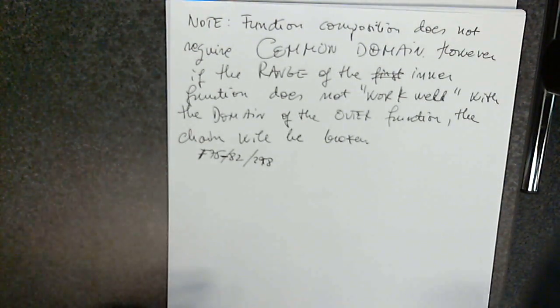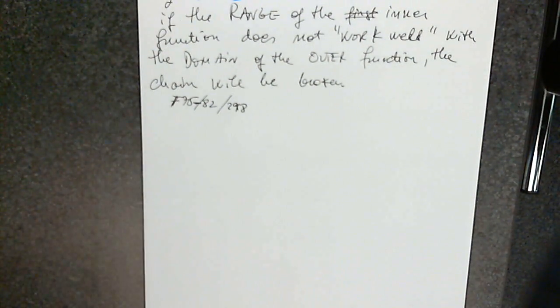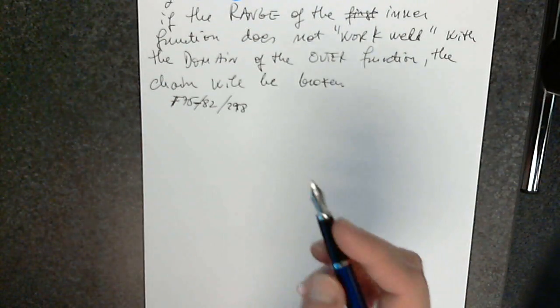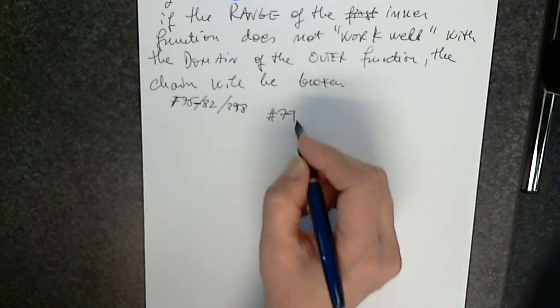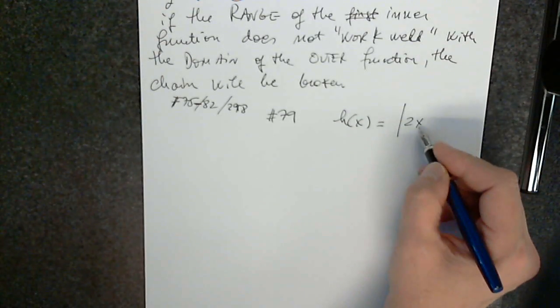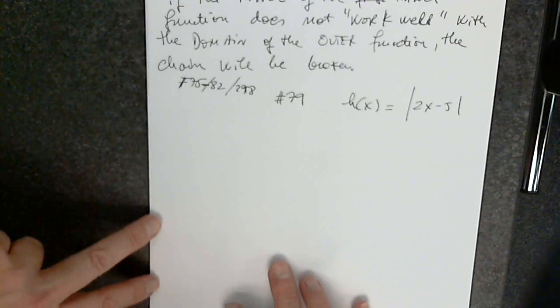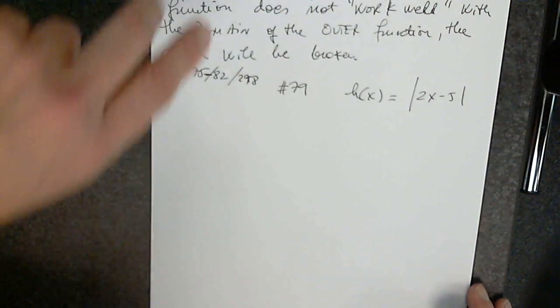All functions are function compositions, all of them. And they want us to break it up. So, for example, problem 79 has h of x equals the absolute value of 2x minus 5. They want us to identify the inner function and the outer function.